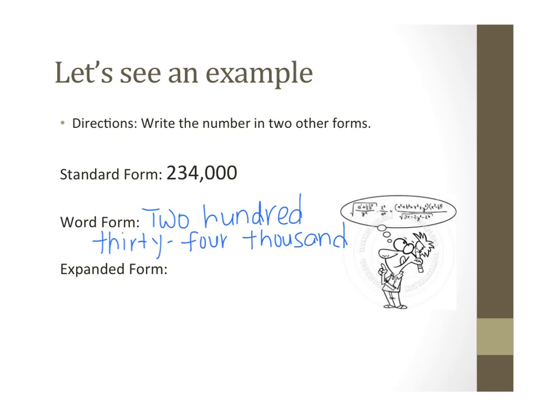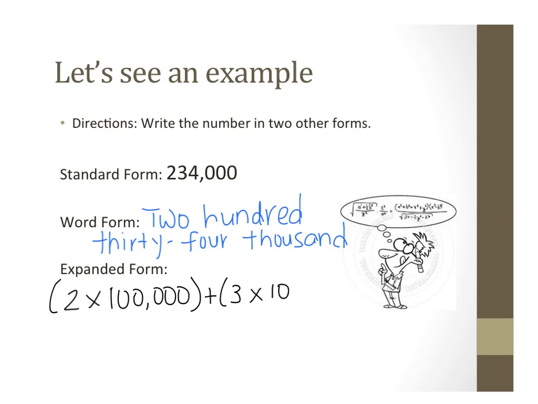Expanded form is generally the one that takes the most time, and you have to look at each individual digit, starting with the highest. So we're going to start with the 2. So we would write 2 times, and it's in the hundred thousands place. So 2 times 100,000. That goes in parentheses. Plus, the next digit is a 3, and it's in the 10,000s place.